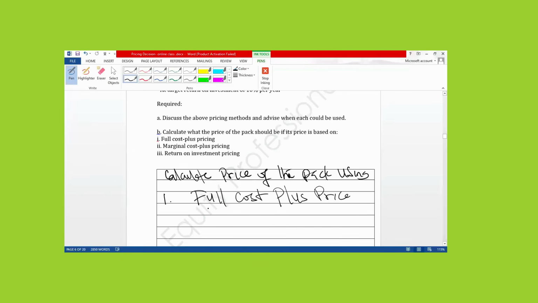That means if I want to use this method, I'm going to pick the variable cost as well as the fixed cost.